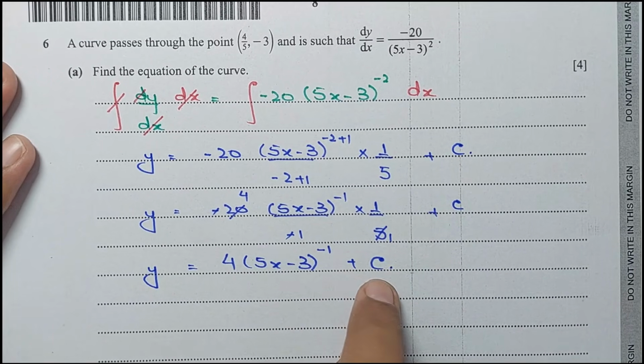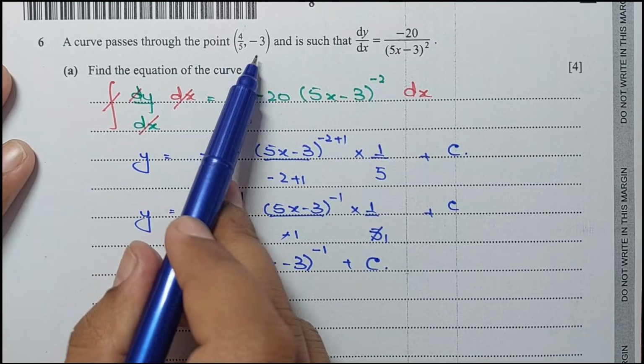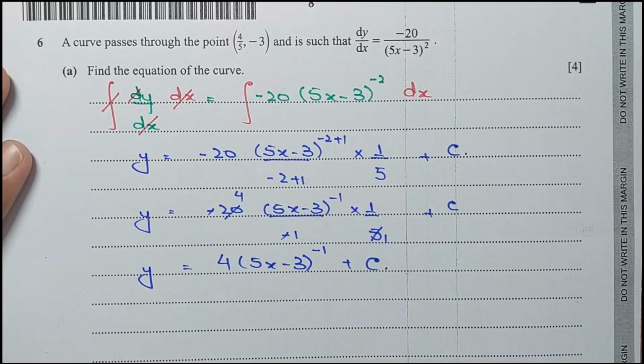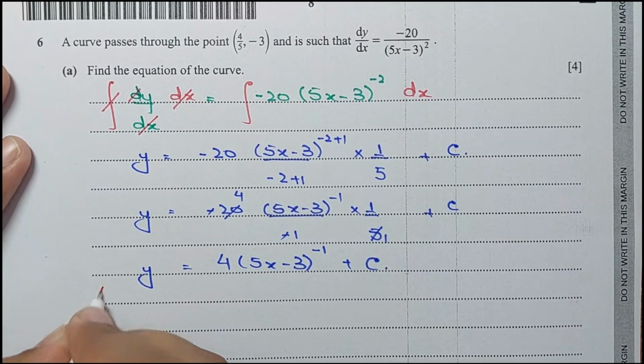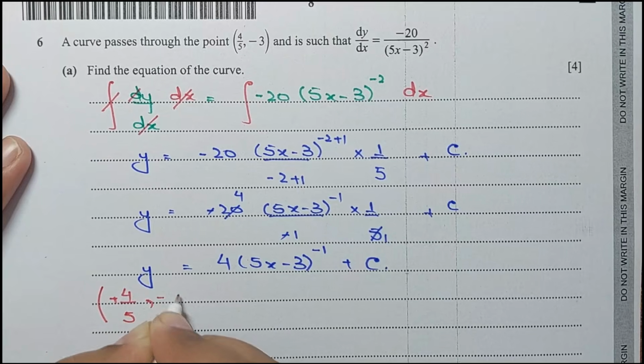Now to get the constant of integration, we have been given that the curve passes through this point. So this point lies on the curve, and must satisfy the curve equation. Use the point positive 4 over 5 and negative 3.